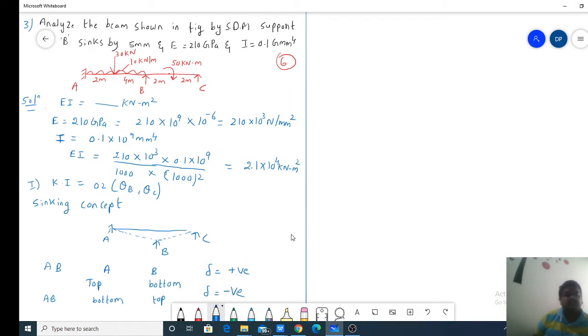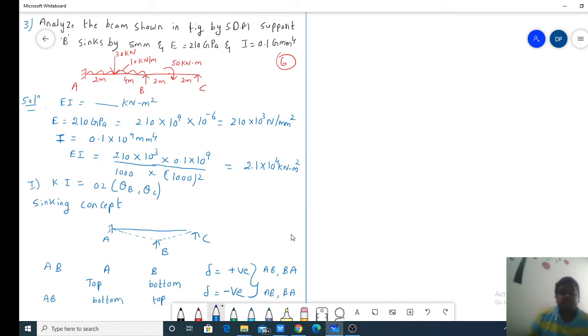Whenever you are writing the equations for AB and BA, the delta will be positive or negative with respect to this top and bottom concept. So with respect to this, I am explaining how those values are to be taken.